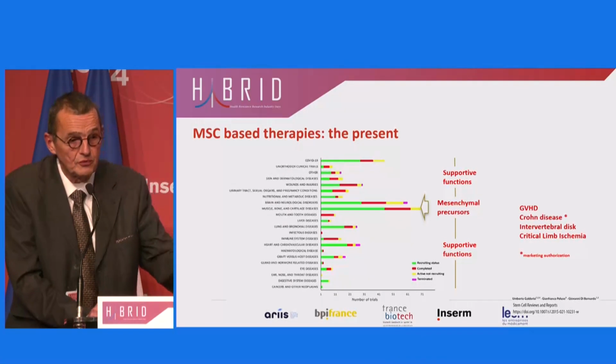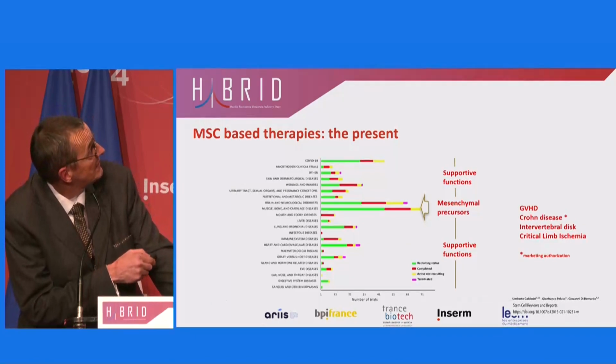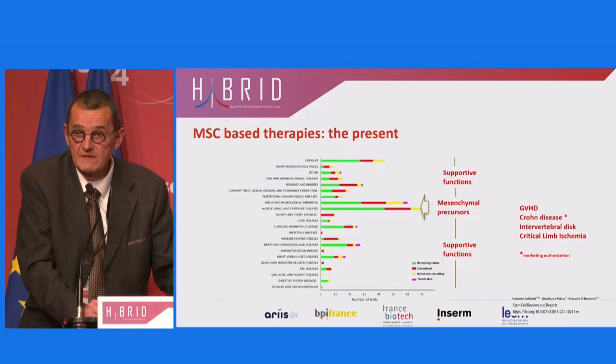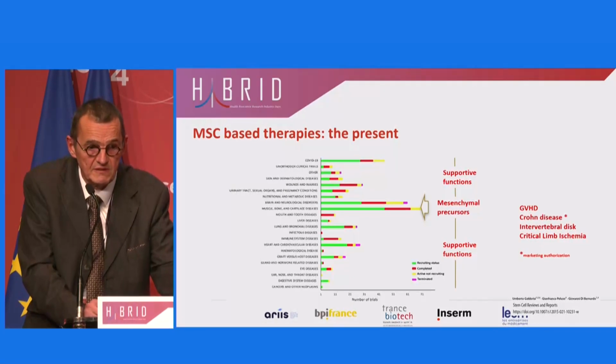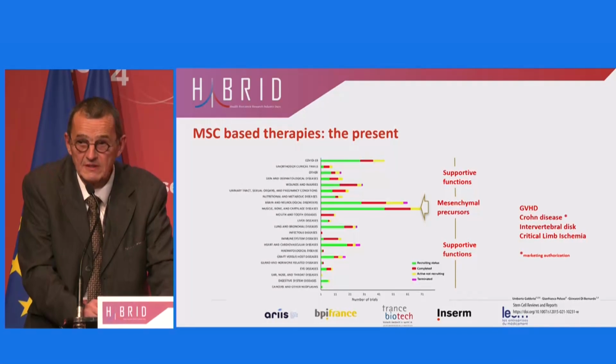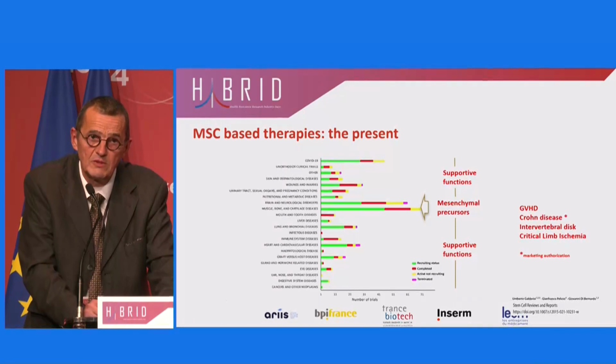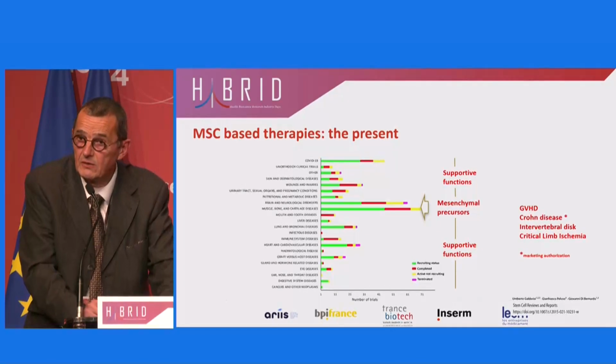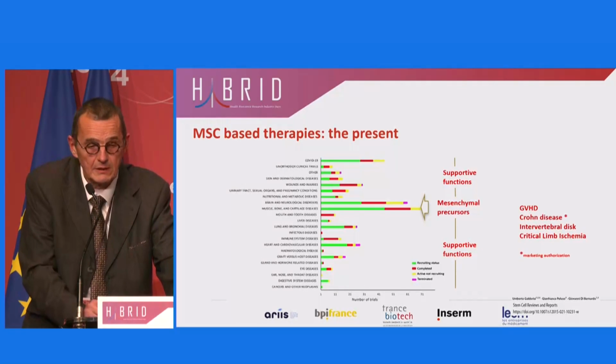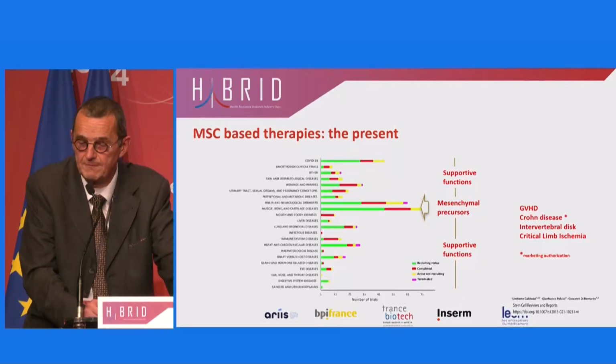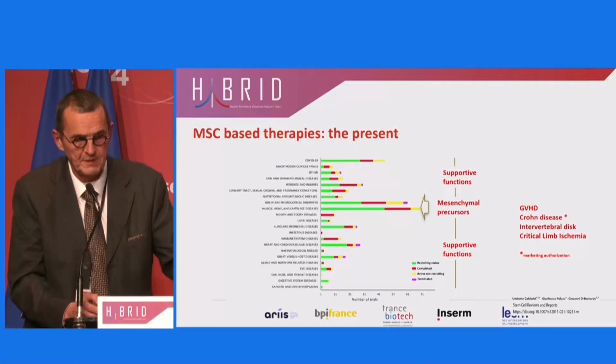And if you go through the literature, it's clear that MSC are very effective, for instance, in GVHD. In Crohn's disease, you have a market authorization in this field. You have promising results in intervertebral disc and also in critical limb ischemia. So all contexts correspond to the supportive function. So it's a picture of MSC.